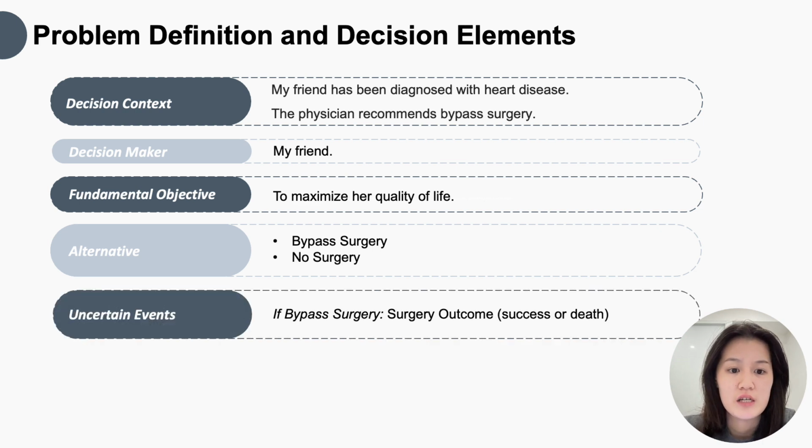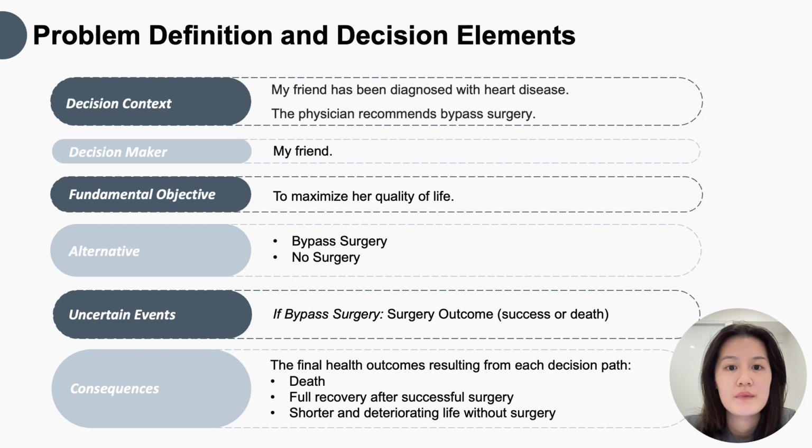If she chooses surgery, the outcome is uncertain. It could lead to a full recovery or result in death during the operation. If she chooses not to have surgery, she faces a shorter life with gradually worsening health. So each decision path leads to a different consequence, and these consequences are what we will evaluate next.